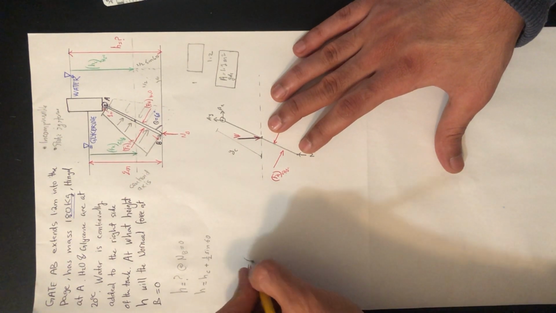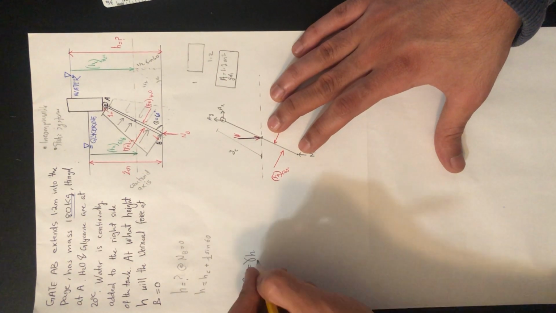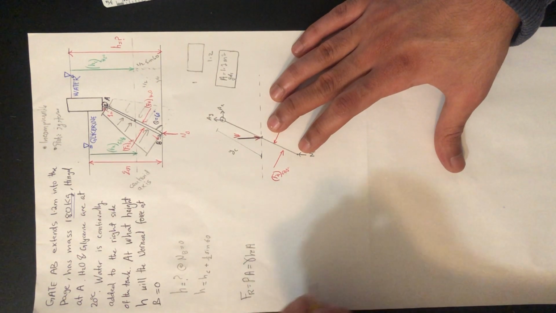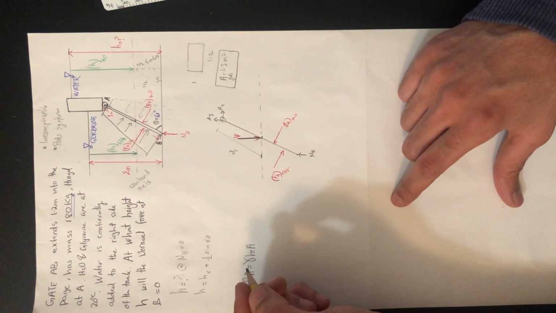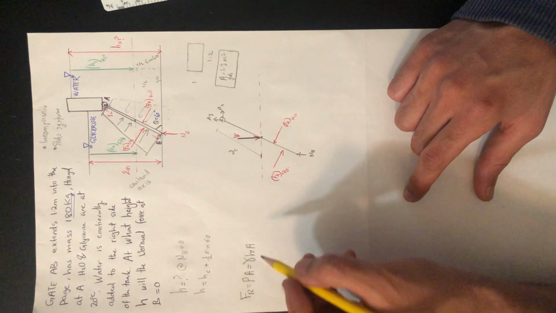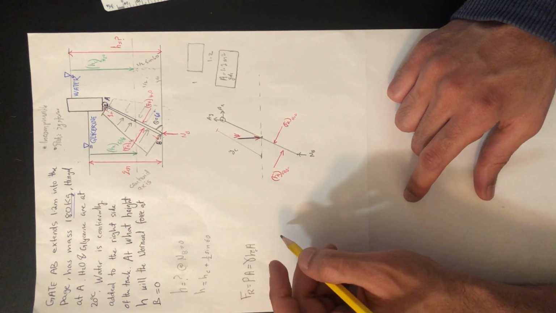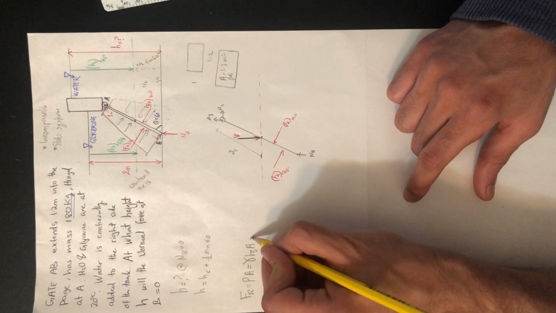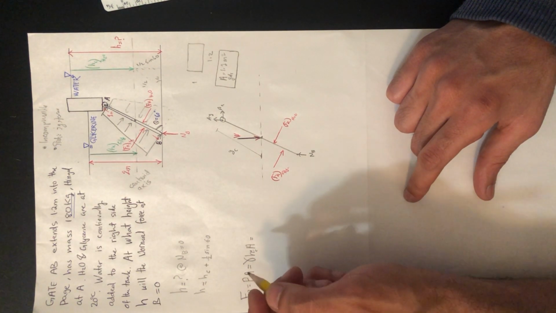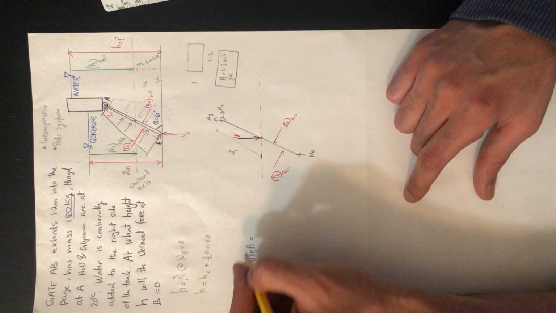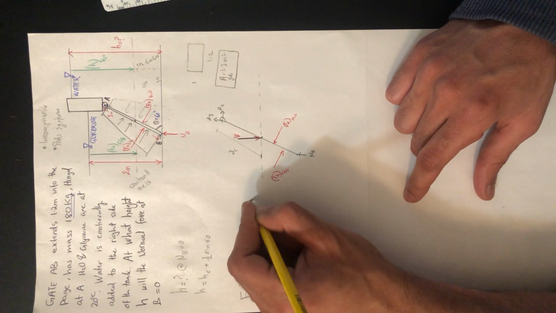We know pressure equals specific weight times height, and we do know that HC is also YC sine theta times A.